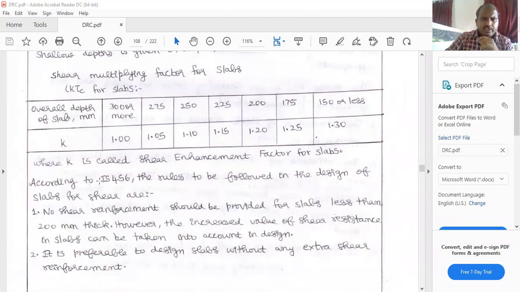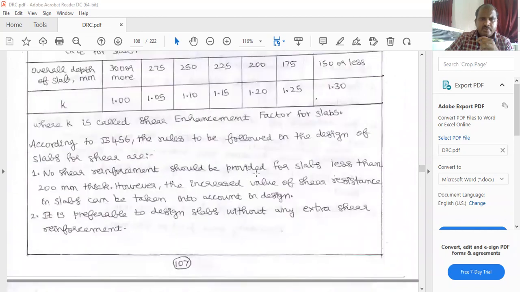According to IS 456, the rules to be followed in the design of the slab for shear are: no shear reinforcement should be provided for slabs less than 200 mm thickness. However, the increased value of the shear resistance in slabs can be taken into account in design. It is preferable to design slabs without any extra shear reinforcement.